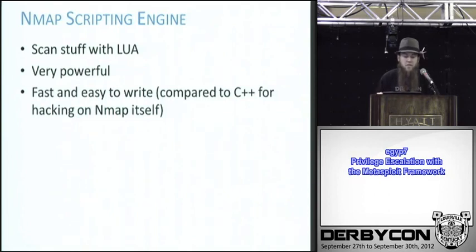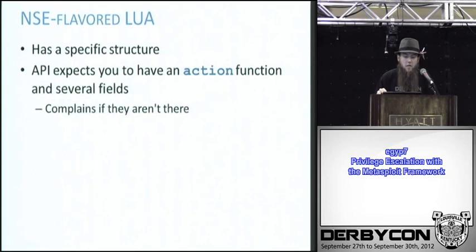But for our purposes, it also allows us to run Lua code as root. It has a specific structure, so we need to take that into account when we're writing the exploit. It's got to have an action function, a pre-scan, a post-scan, a couple of other attributes.